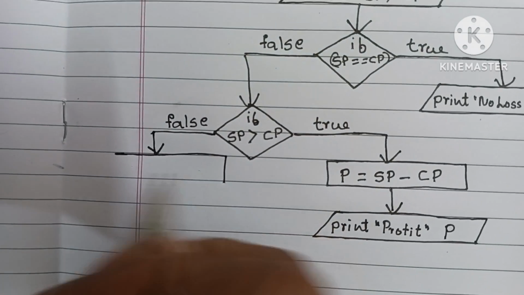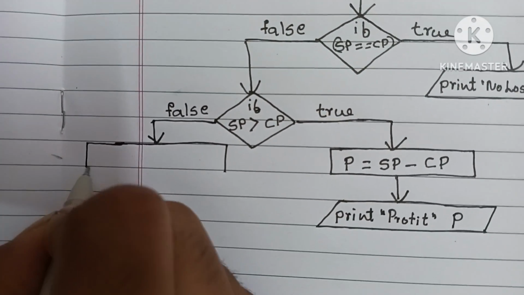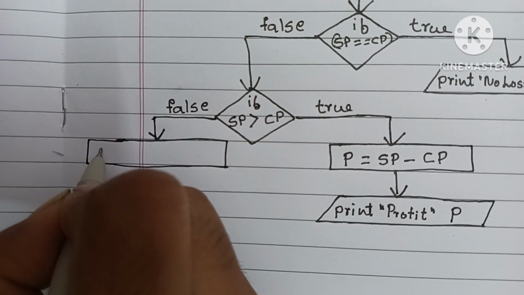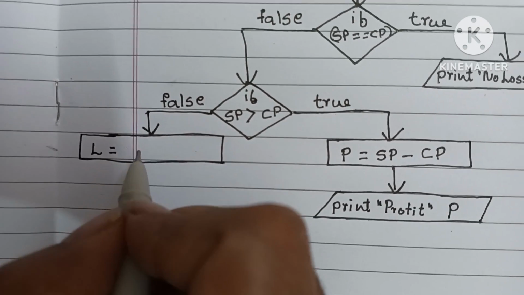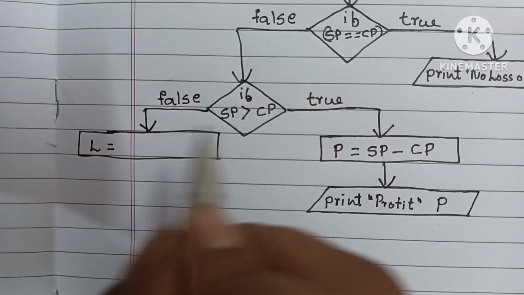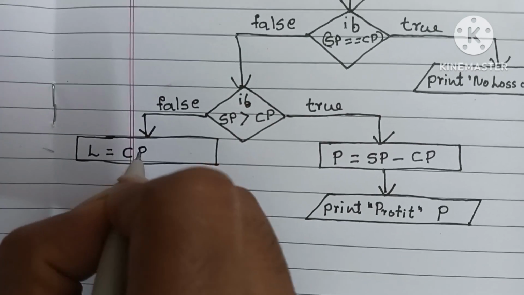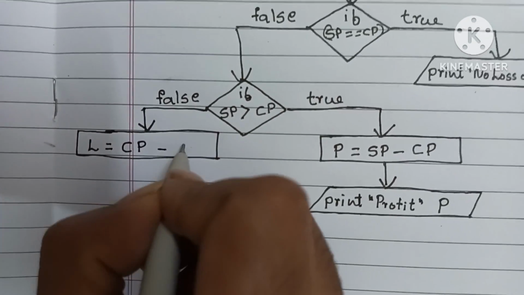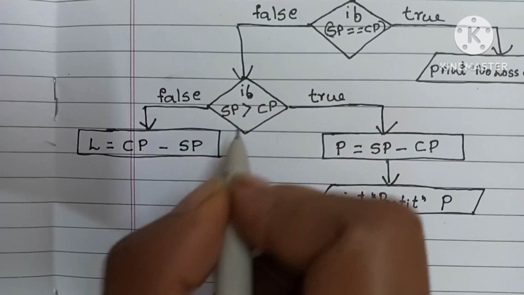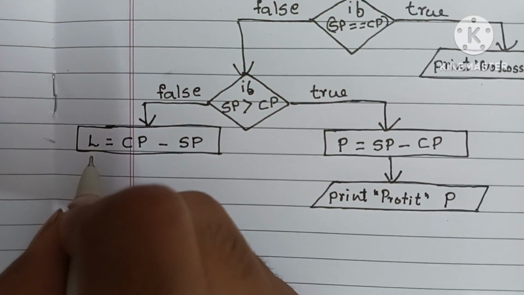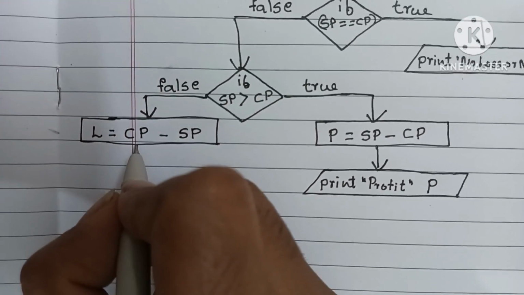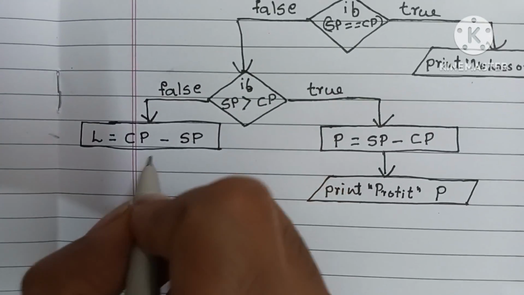So we have to calculate L, that is loss. Loss L is equal to, the formula to calculate loss is CP, that is cost price, minus selling price. Here we have to calculate loss, right? The formula is cost price minus selling price.